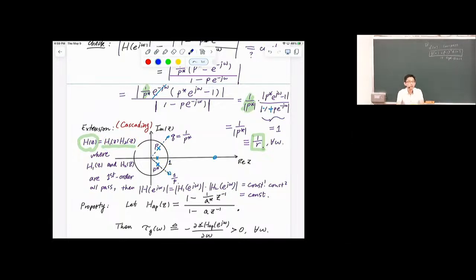All the filter coefficients will be real valued. This is about the polynomial: if the roots of a polynomial occur in conjugate pairs, then the coefficients are real. That's a very simple property.